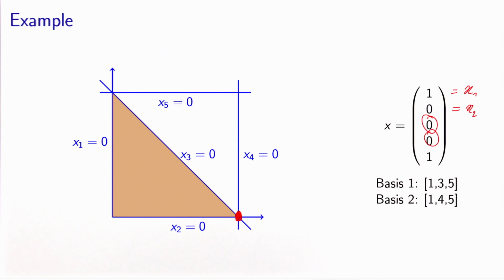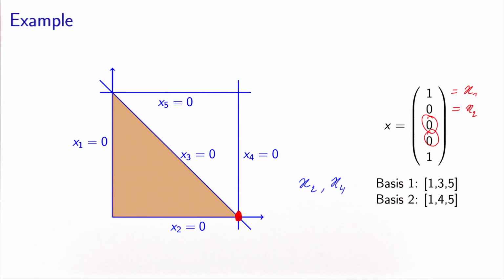Now if you remember the geometrical interpretation of the basic solutions, the idea is to identify a vertex by deciding which constraints will be active. So in the context of basis 1, the non-basic variables are x2 and x4.